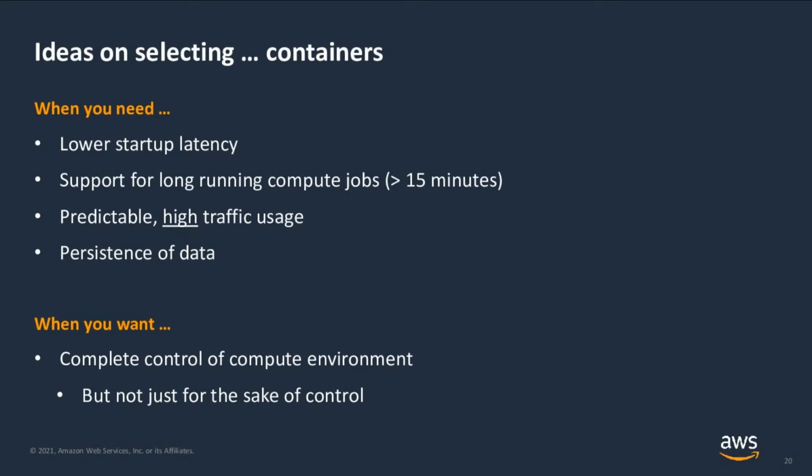Let's look at some ideas on selecting containers. So when you need applications with non-HTTPS listeners, you need stateful applications, you need an agent, daemon, or a sidecar to run alongside your service, or any support for Windows containers. When you want hybrid scenarios or on-prem portability, you need container image portability with Docker runtime and the ability to purchase different billing models, such as on-demand, reserved instances, and spot.